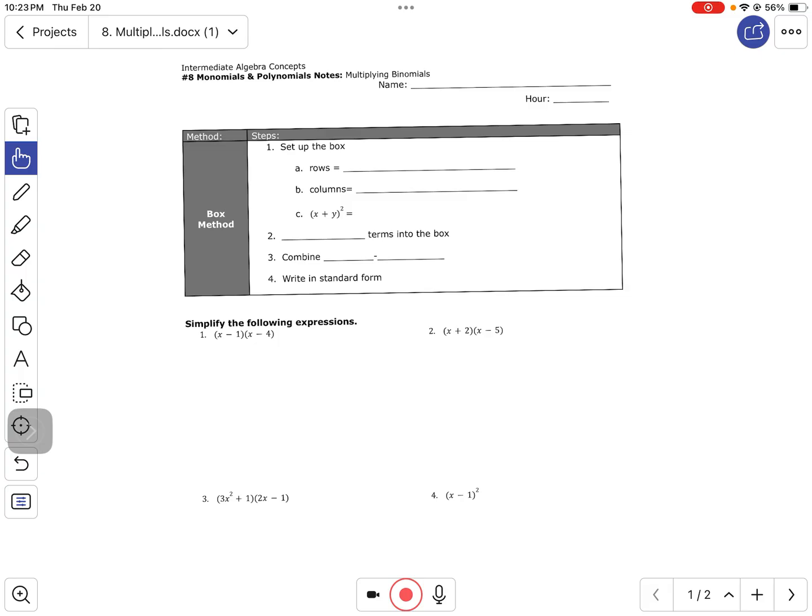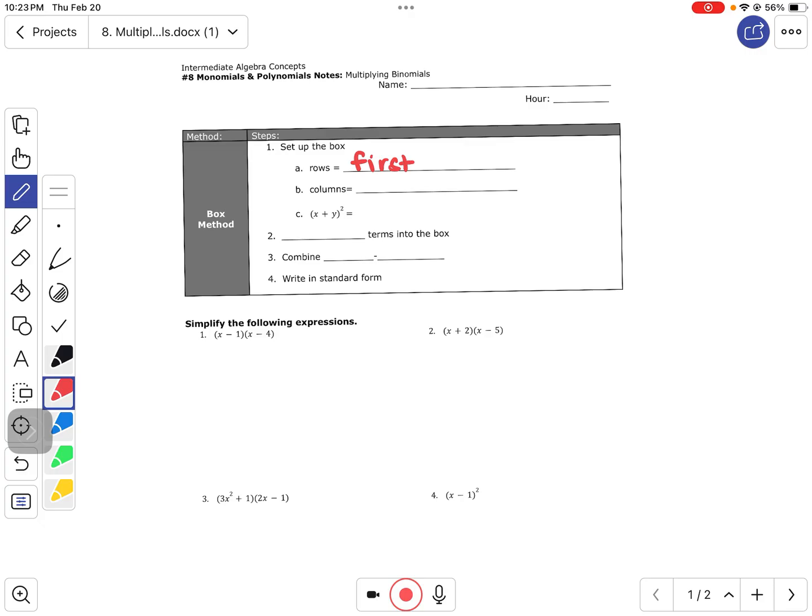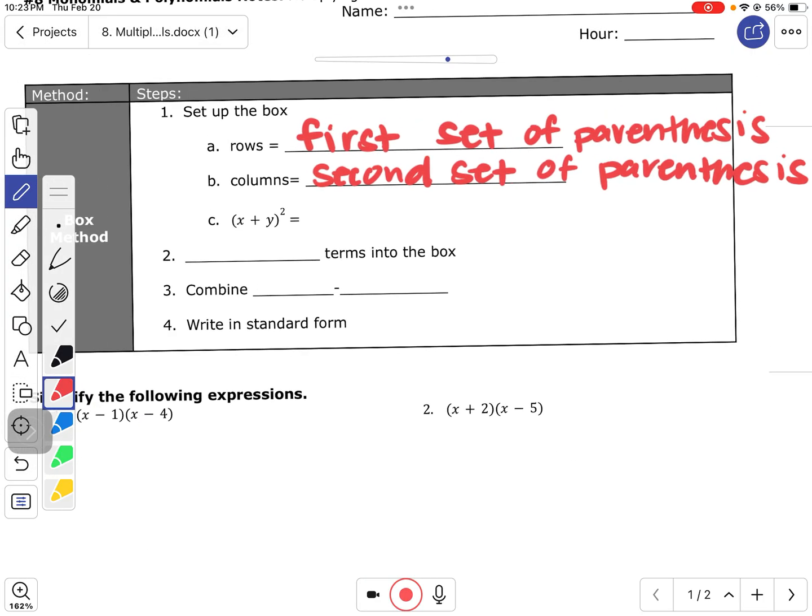Okay, so the first thing we're going to do is create a box, and our rows are going to be our first set of parentheses, and our columns are going to be the second set of parentheses. Okay, and I'm going to explain that a little bit more in a minute.